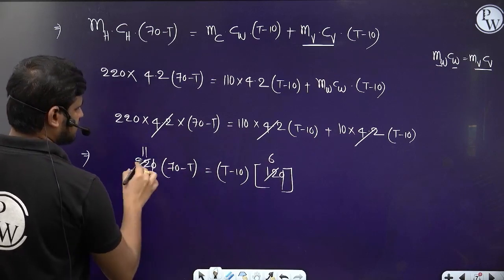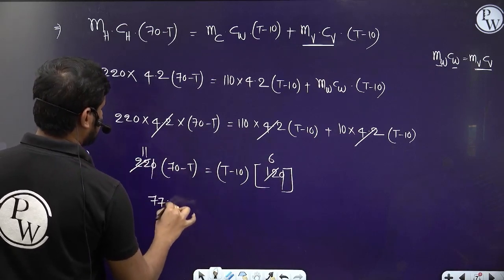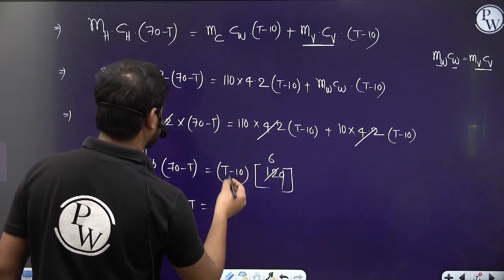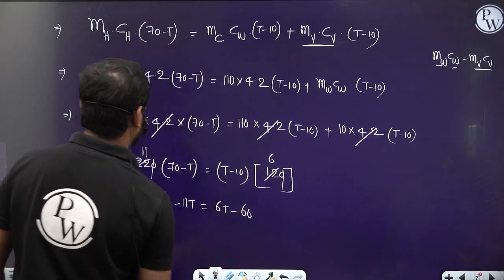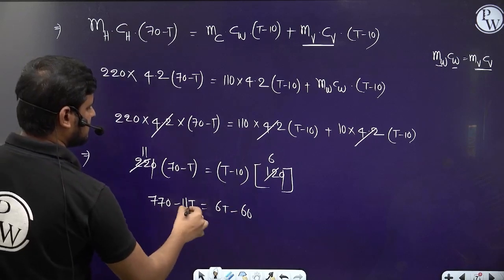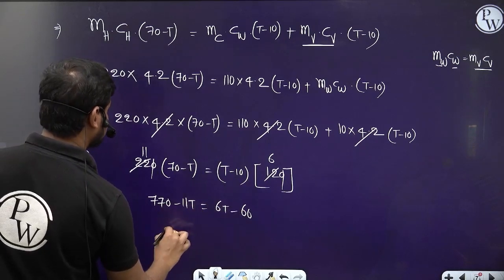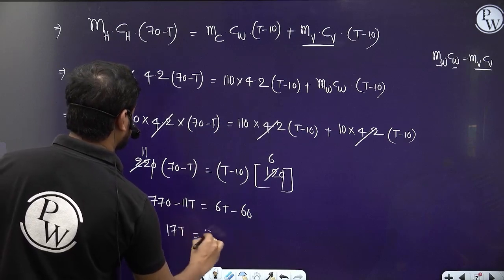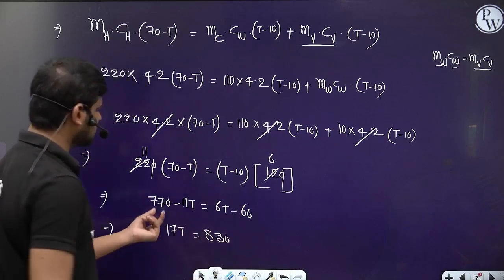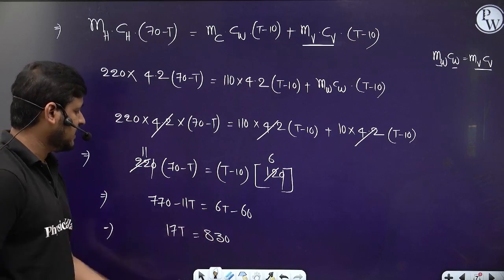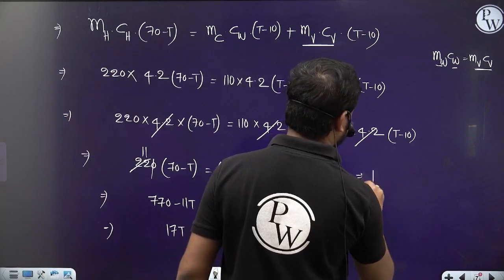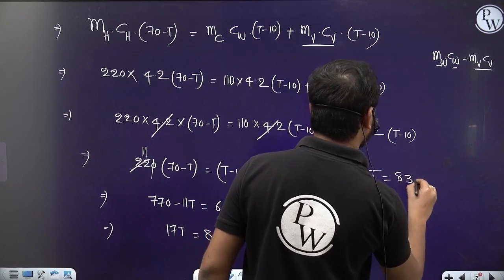So 770 minus 11T is equal to 60T minus 600. Sending that to that side, 11 plus 6, 17T is equal to 830. Yes or no? 17T is equal to 830. So T is equal to 830 by 17.